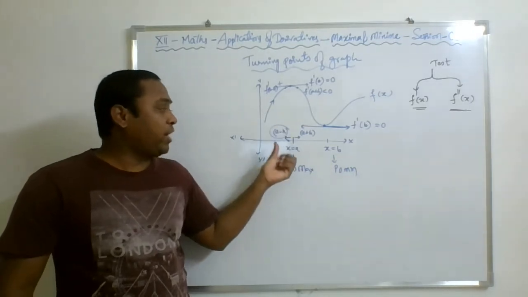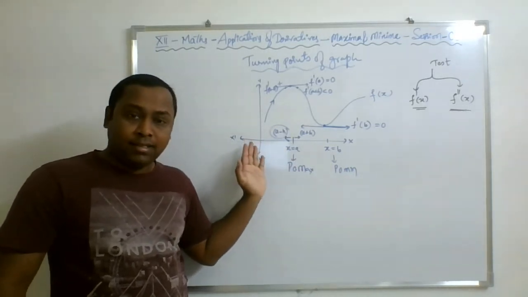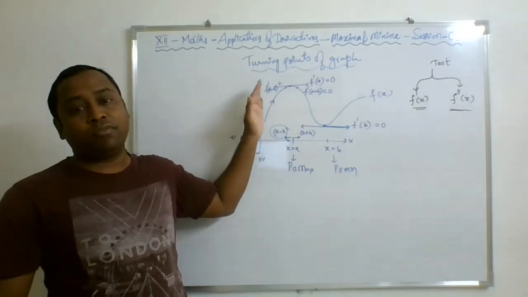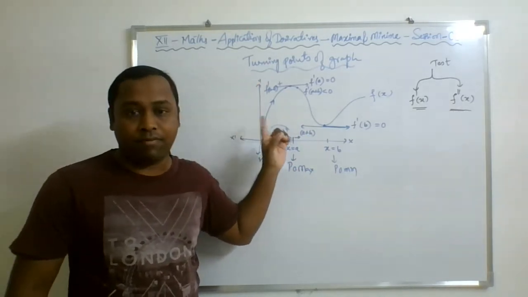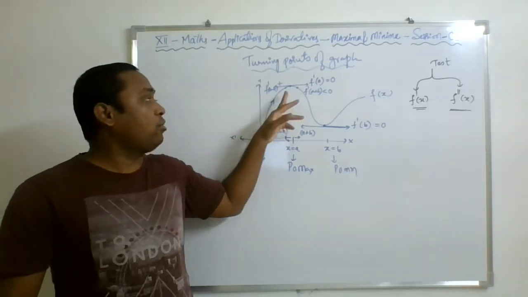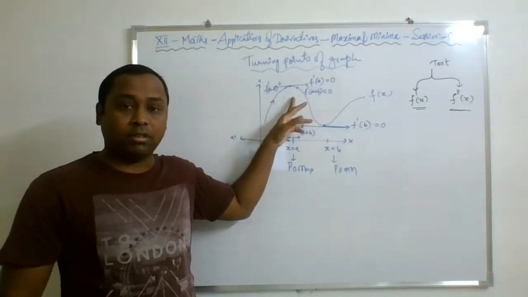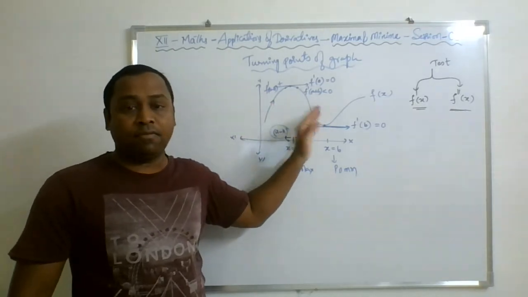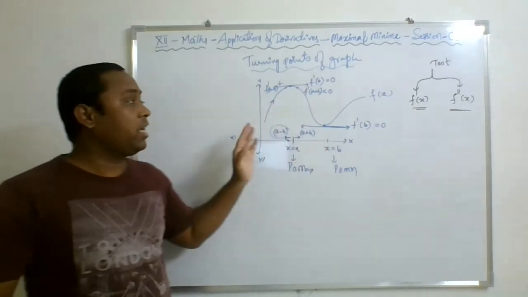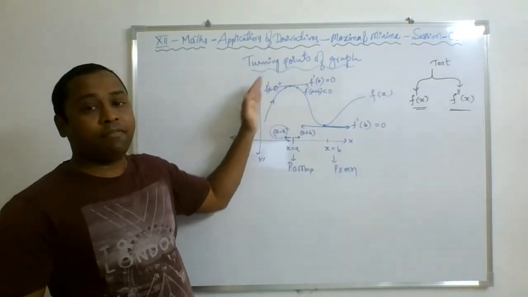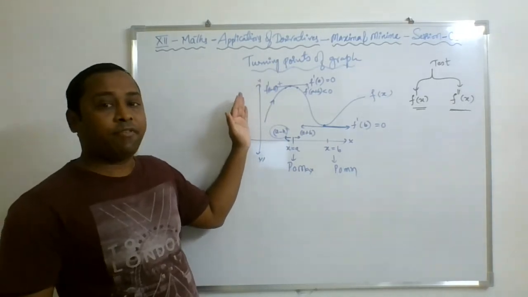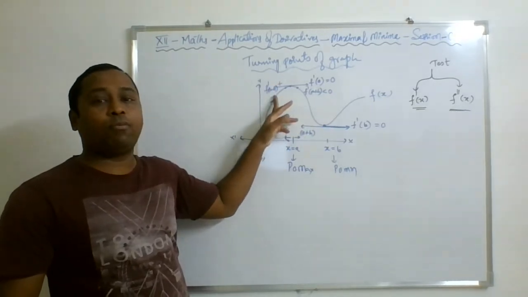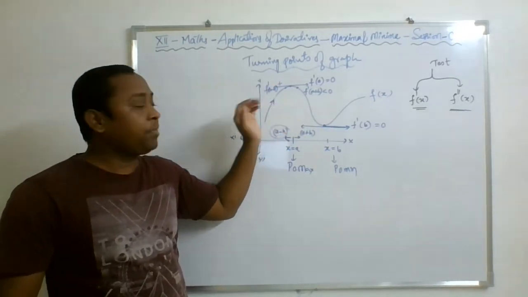Then we check, when x is increasing through this point, whether the sign of the derivative of the function is moving from positive to negative or negative to positive. If the derivative is moving from positive to negative, then this point is called a point of maxima.